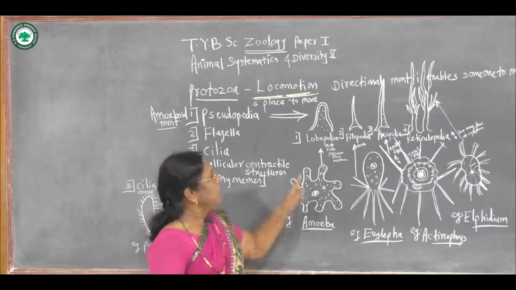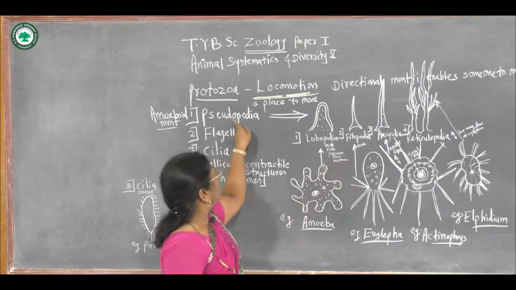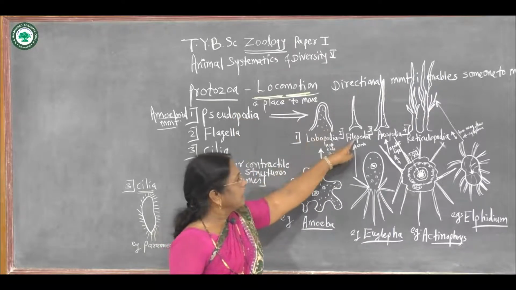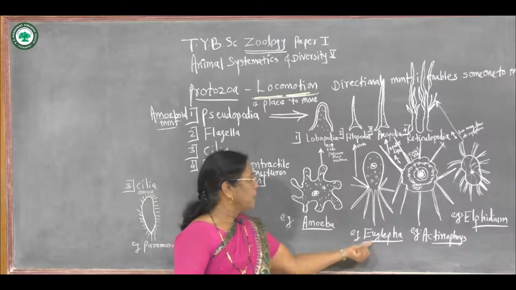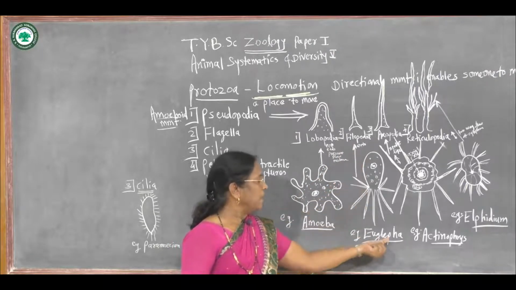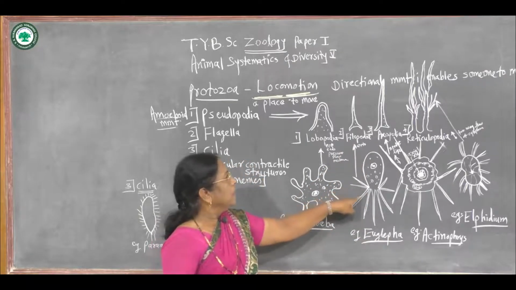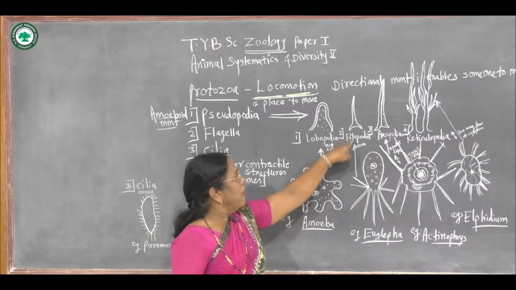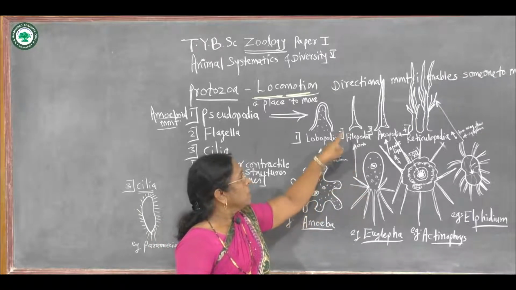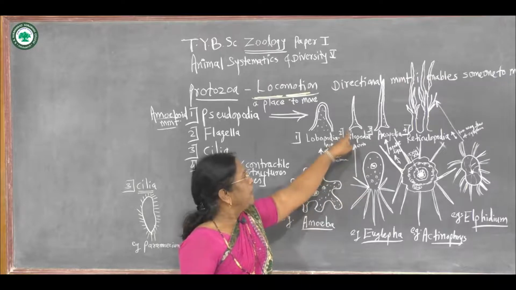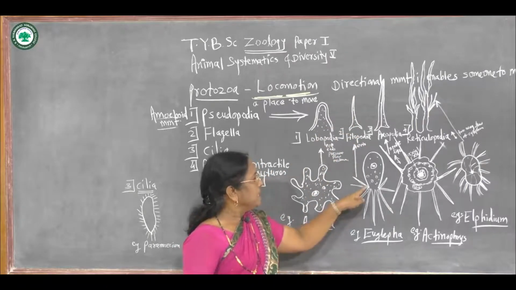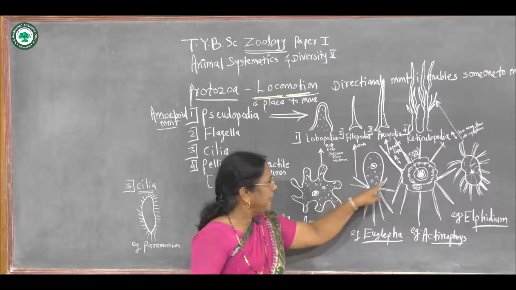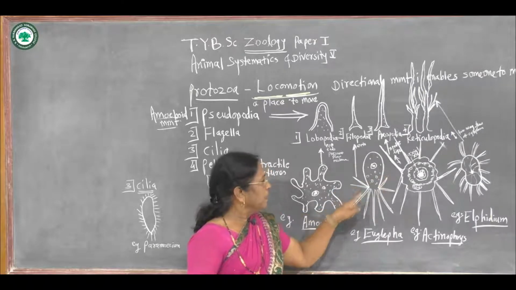Then the second type of pseudopodia is called filopodia. Example of filopodia is Euglypha. Here this Euglypha shows pseudopodia like filaments, small filaments having a pointed end at the tip.